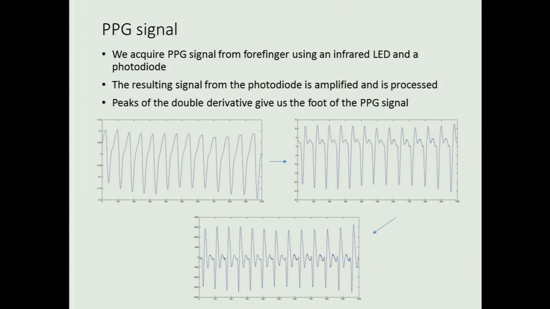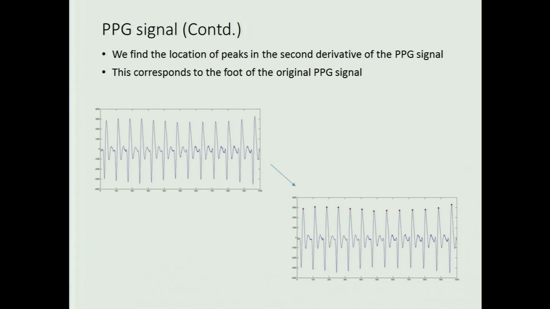You know all this. The resulting signal was amplified and processed. Then pick up the double derivative to give us the foot of the PPG signal. So again you take it to MATLAB and do the double derivative, d over dx two times, and you get that signal.